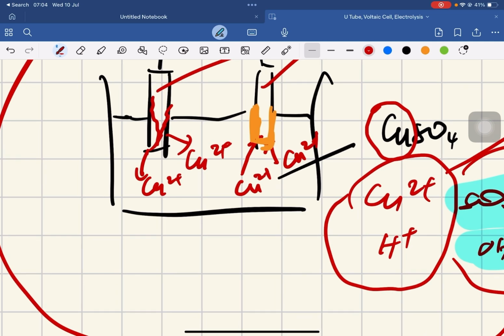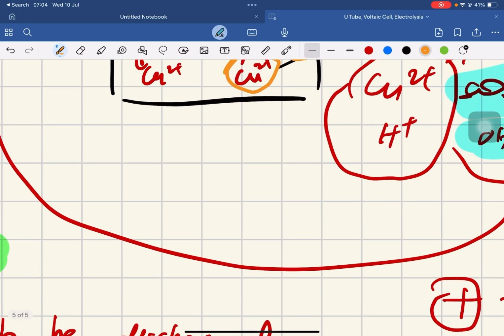Let's say here dia keluarkan dua copper ion. While in the beaker copper ion ada dua, bayangkan. But the dua copper ion is being discharged here. So what happened to the solution?